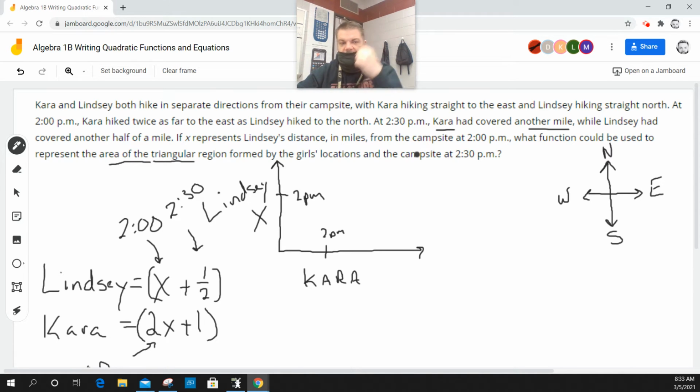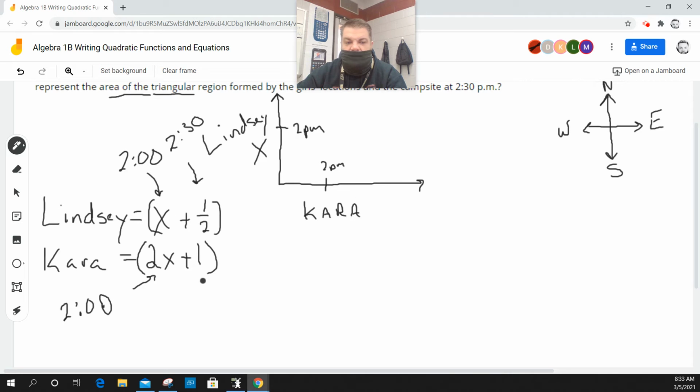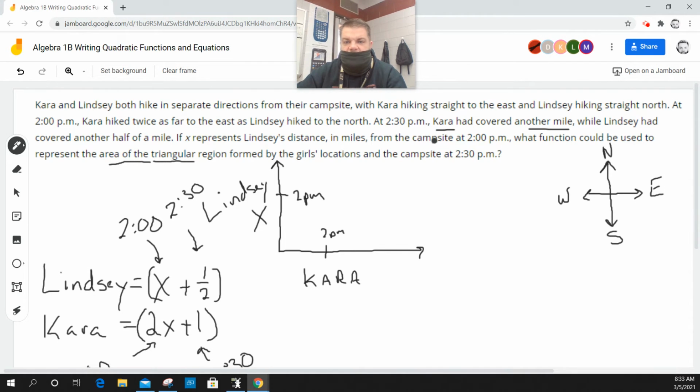So let's talk about this one more time. This is how you do these types of problems. They're really kind of hard, but they're not. Okay, so Kara and Lindsay both hiked in separate directions from their campsite. Kara went straight east, while Lindsay went straight north.